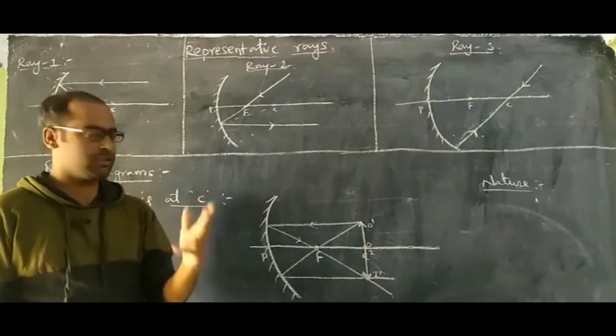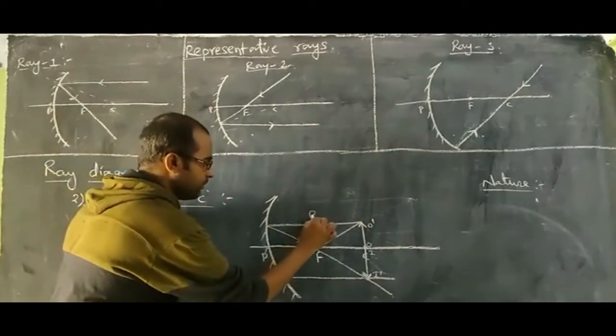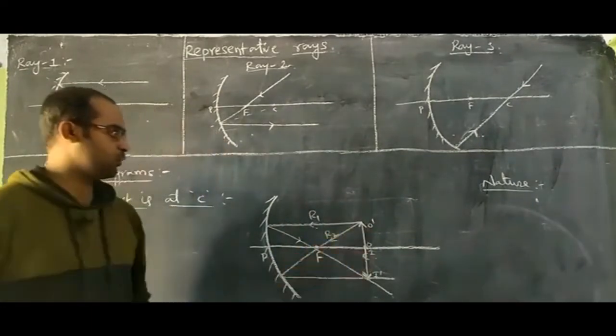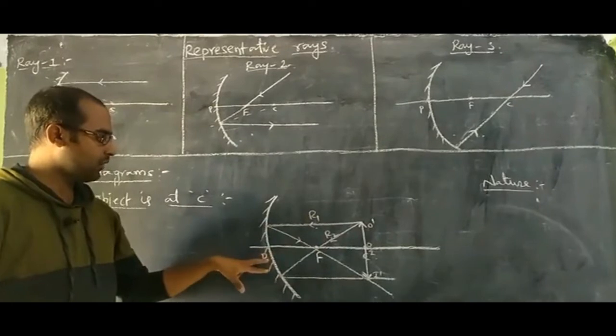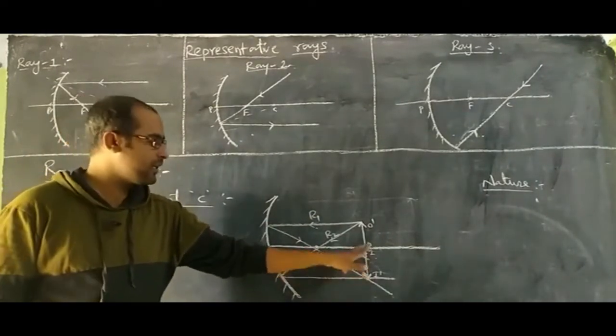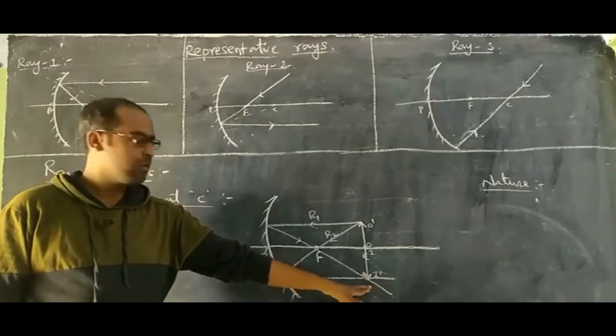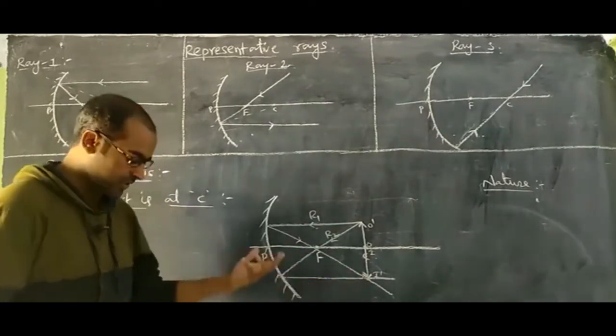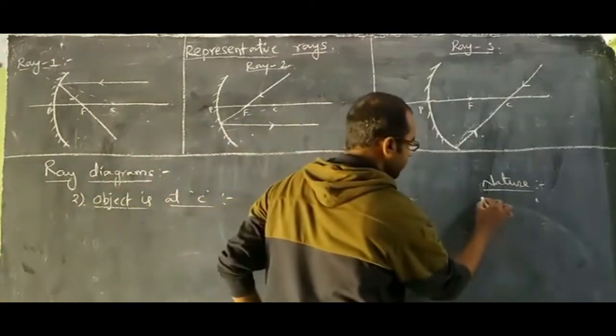I have taken the same two rays. This is ray 1 and this is ray 2. These two rays fall here and the reflected rays meet at this point, at C itself. So here the same sized image will be formed. Let us write the nature.